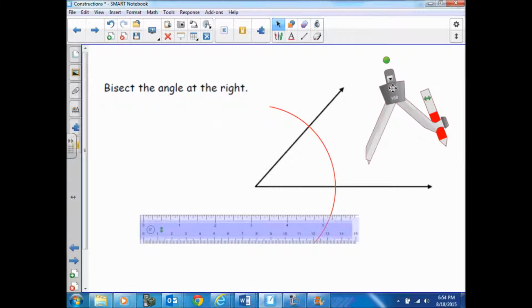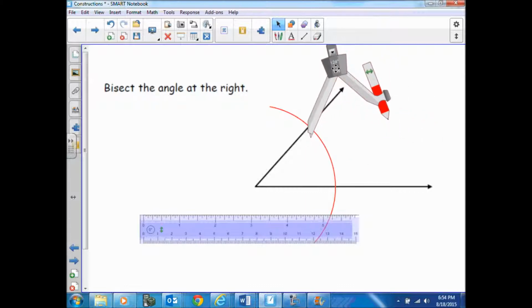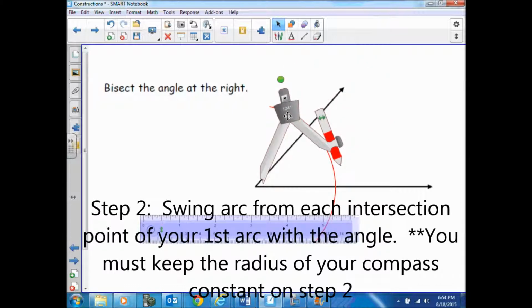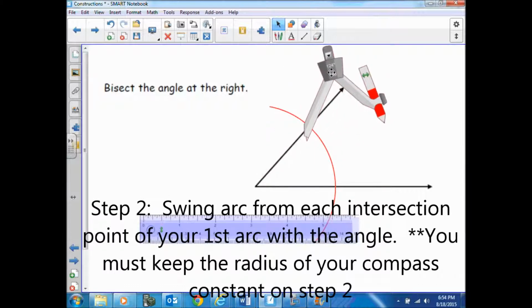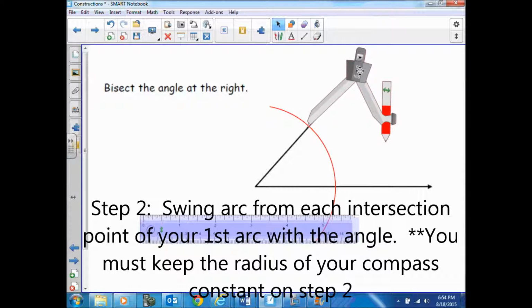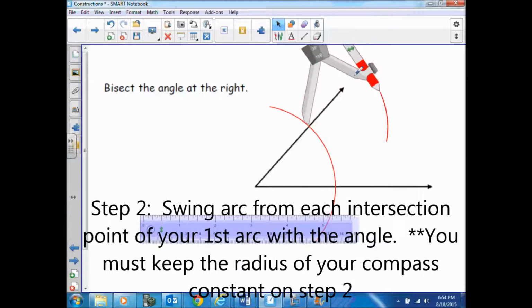Now, what I'm going to do is put our point on one of the intersection points, like so. We're going to swing a little arc in the middle here.